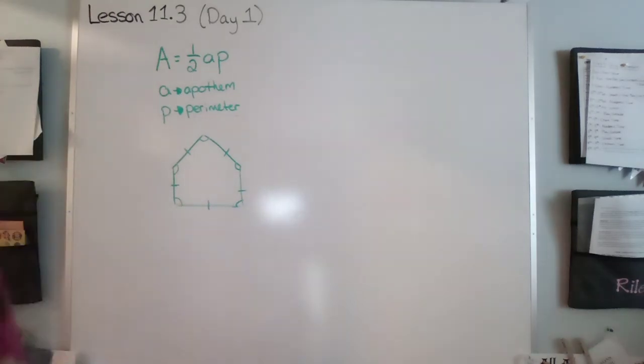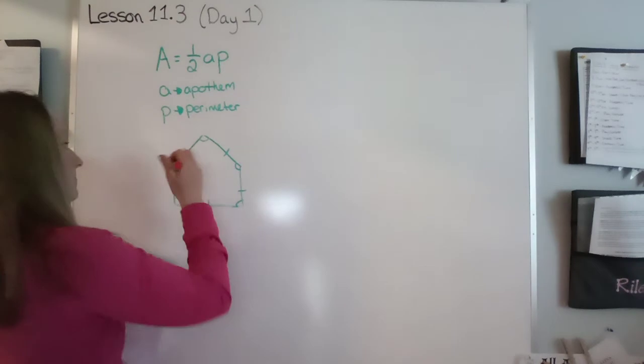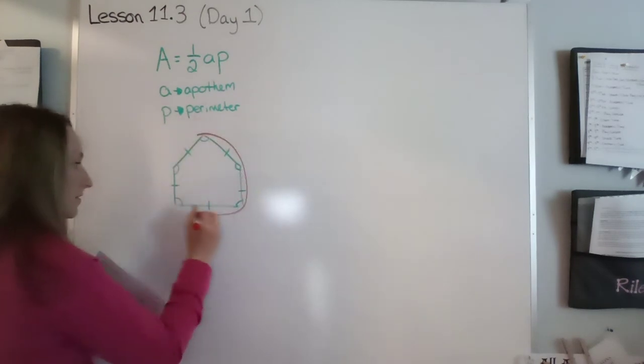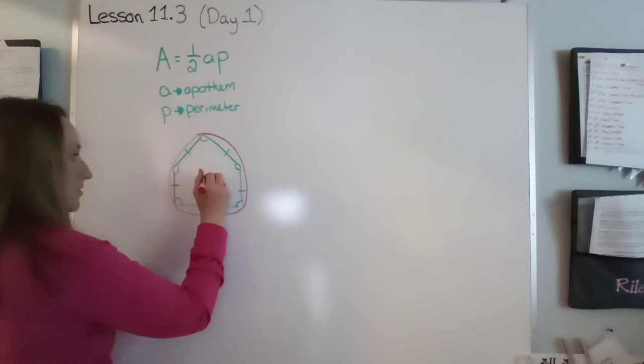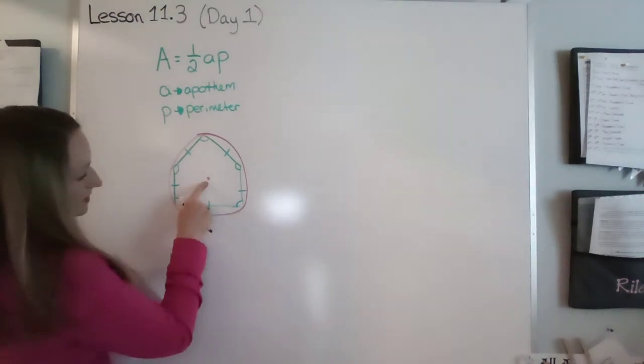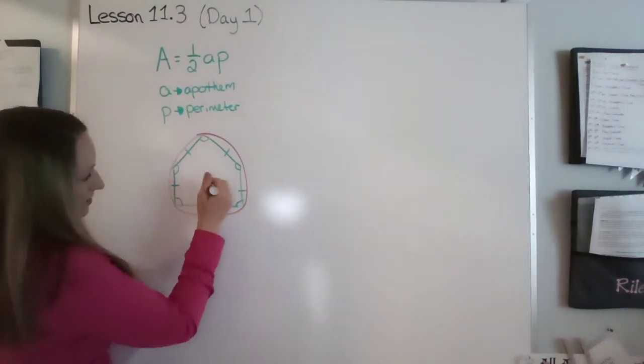Okay, and if we want, we can draw a circle around this as well. There's the center. My radius goes from the center to the vertex.